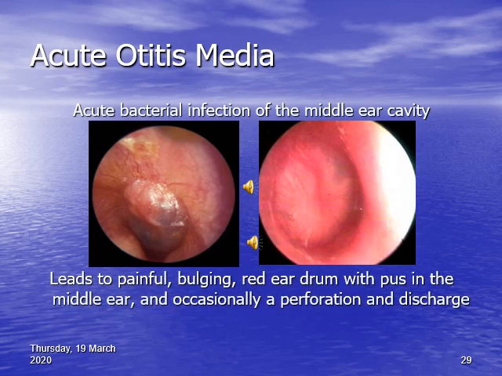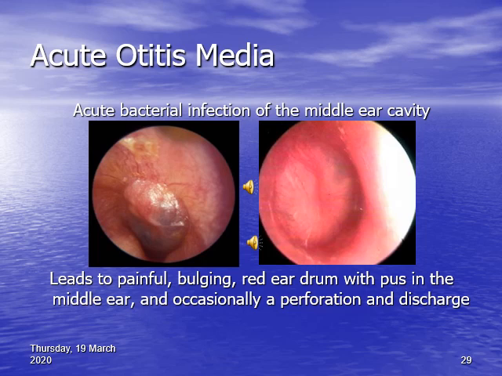Another disease affecting the middle ear cavity is infection. The infection of the middle ear cavity is named otitis media. We have acute otitis media, caused by an acute sudden onset of middle ear infection, mainly because of upper respiratory infection, and this infection will extend from the postnasal space through the Eustachian tube to the middle ear cavity.